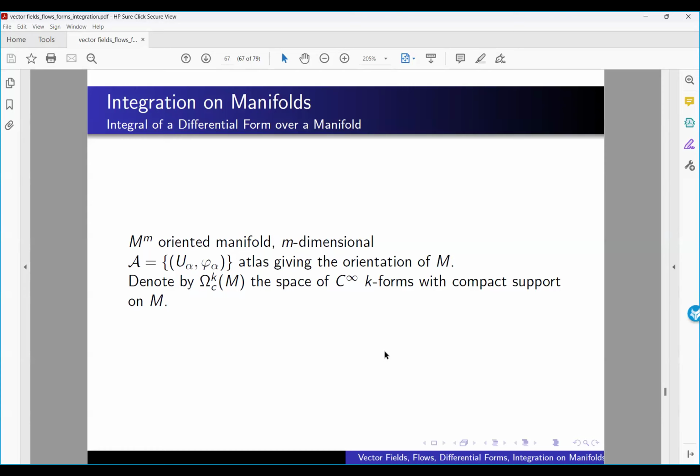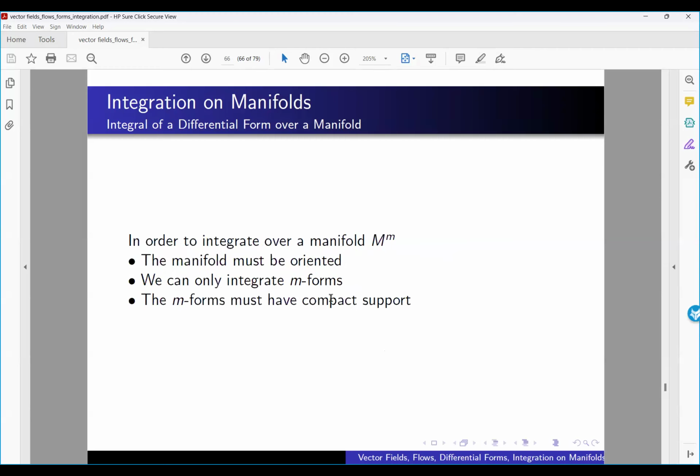An example: think of the tangent of pi x over 2. The support is (-1,1), so open. When you define it on the open interval (-1,1), the closure will not be compact. So anyway, we need the forms to have compact support.